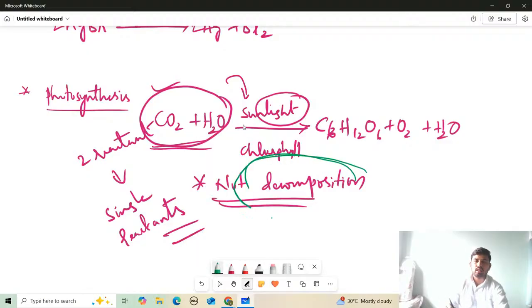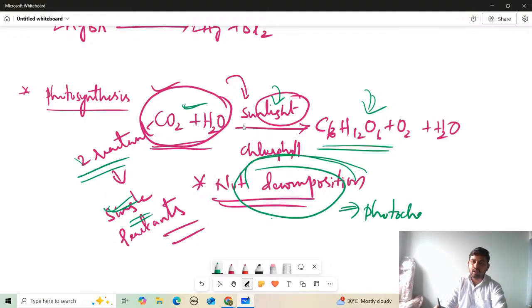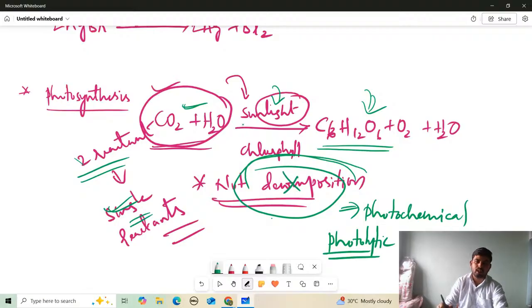Because two reactants are there. It is a photochemical reaction, or we can say photolytic, but not decomposition. Just remember that.